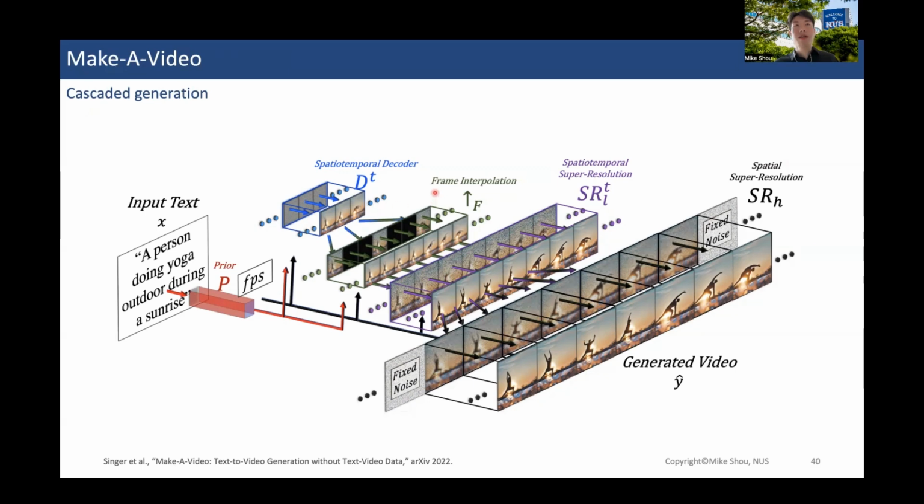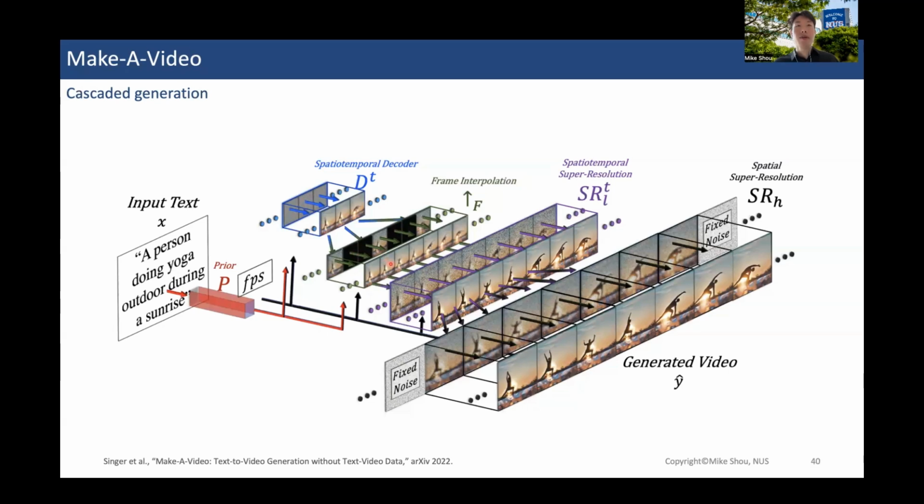Then we first want to interpolate to increase the duration, the number of frames. So we do this frame interpolation, given these 3 frames as input, and we provide some masked-out frames, maybe noise.